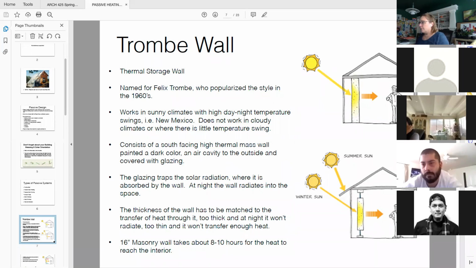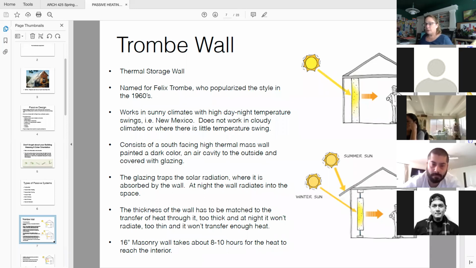It consists of a south-facing thermal mass, typically painted a dark color to help absorb more heat. It has to have an air cavity, and then it has to be covered with glazing. Those are the three main components of a Trombe wall system.